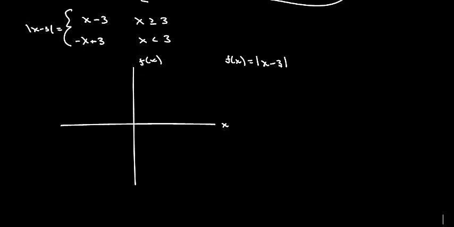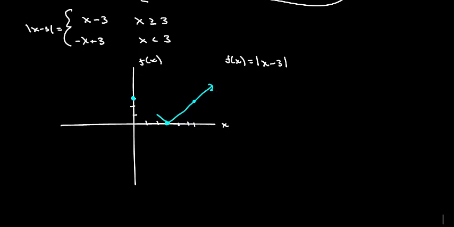When we subtract 3 before the absolute value has a chance to act, that moves it to the right by 3 units. So we're going to see 1, 2, 3, and our function still looks exactly the same as what we would expect. So this is what we're going to expect to get.